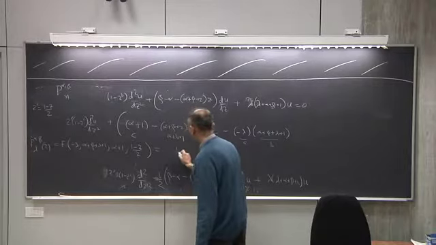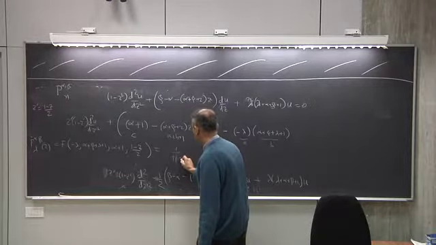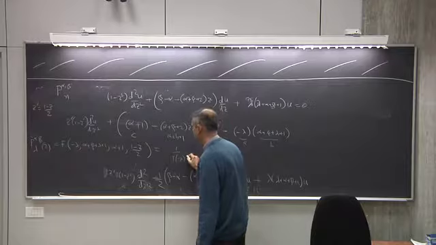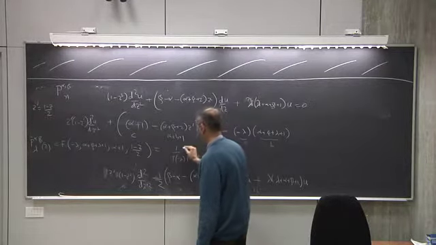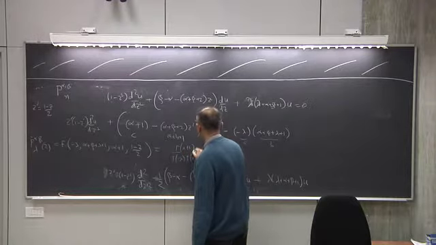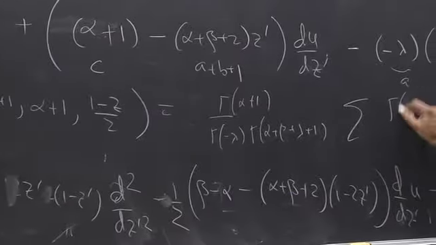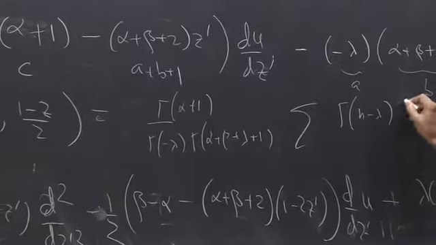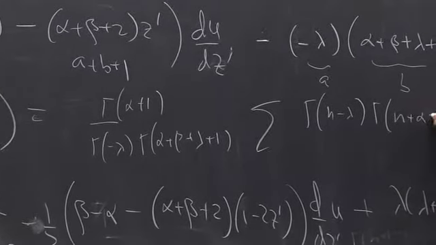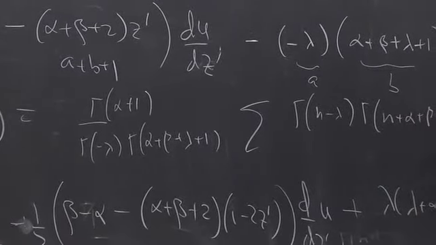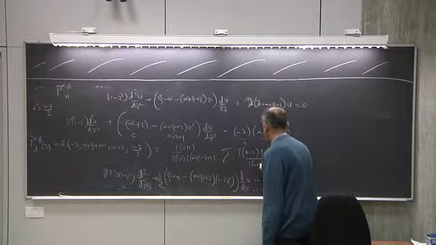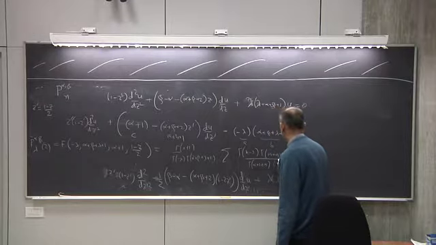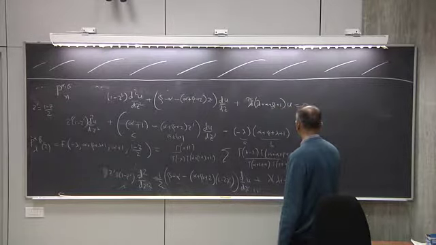So you just write down this power series. It's 1 over gamma minus lambda, gamma alpha plus beta plus lambda plus 1, and gamma alpha plus 1 times the sum, gamma of alpha plus 1 plus n and gamma of 1 plus n, z to the n.